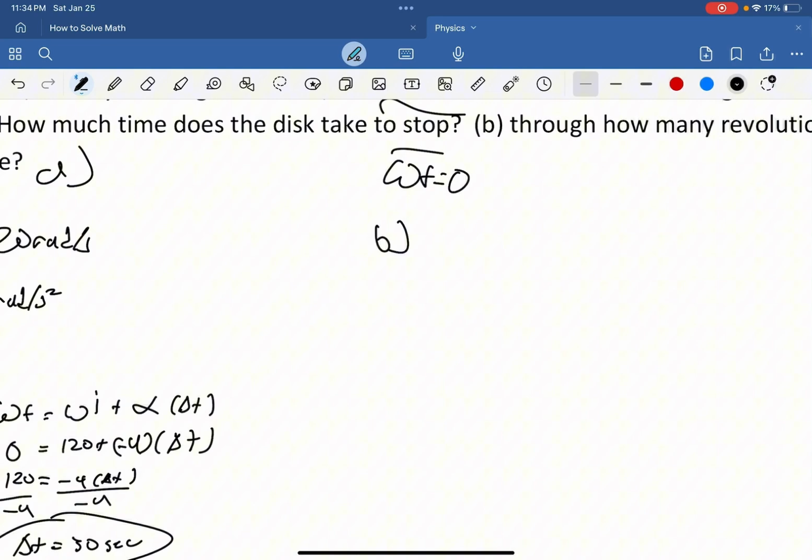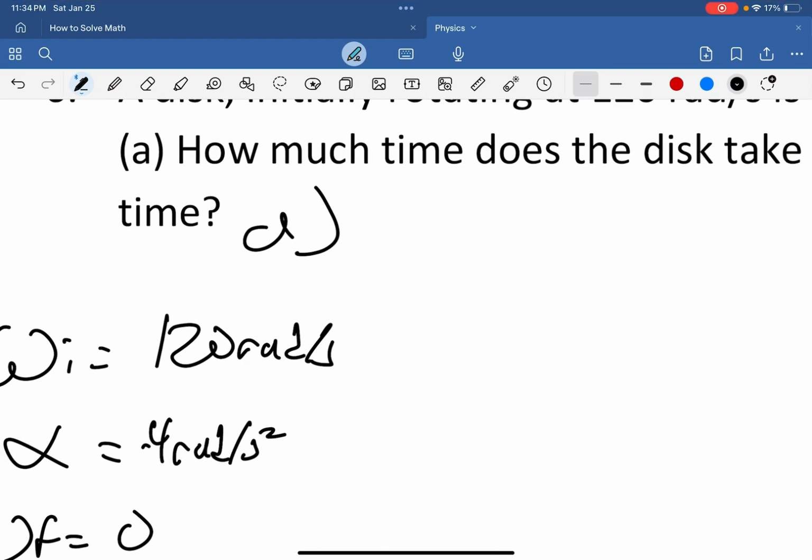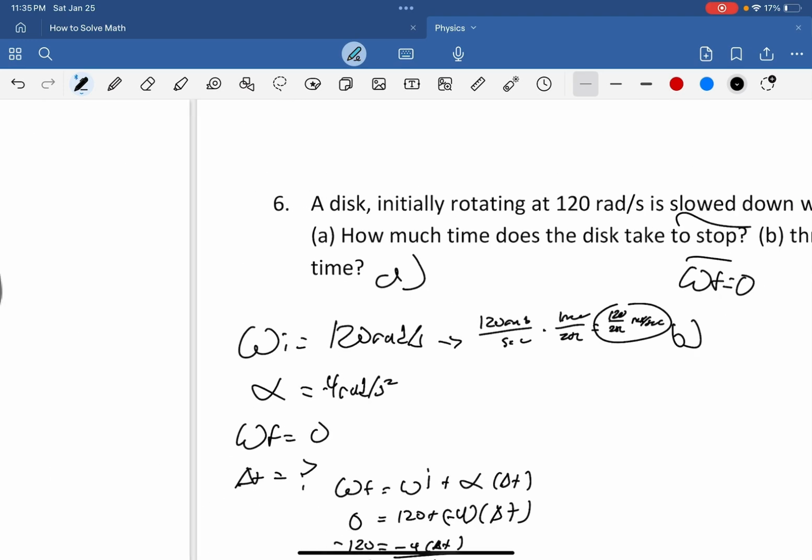So let's convert this all to revolutions. 120 radians over seconds times 1 rev divided by 2 pi. This is equal to 120 divided by 2 pi rev per second.